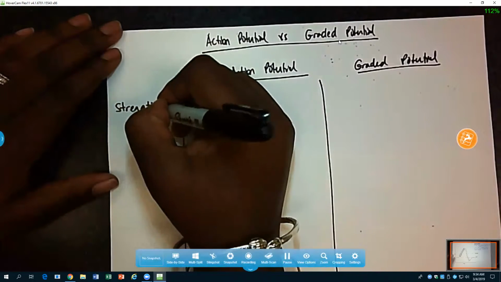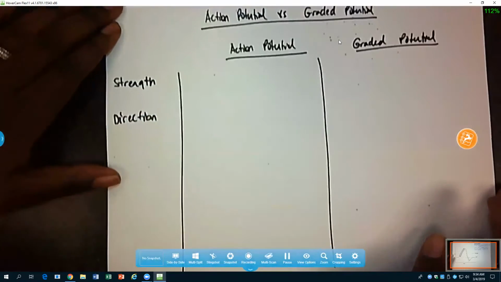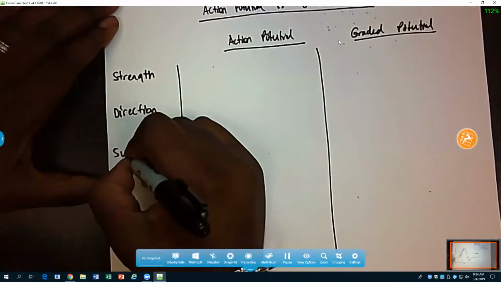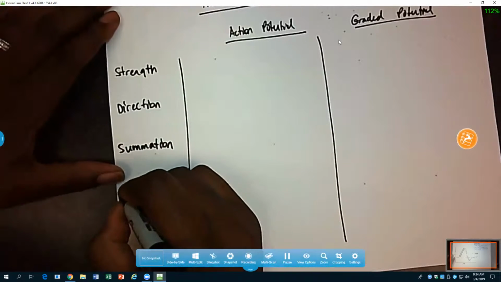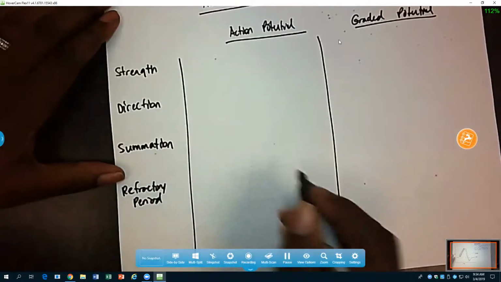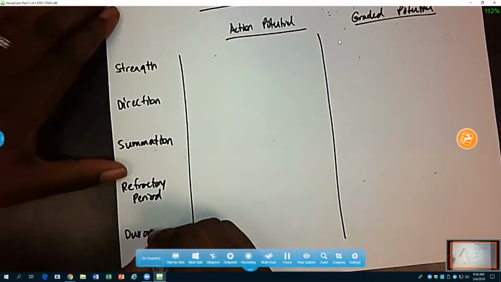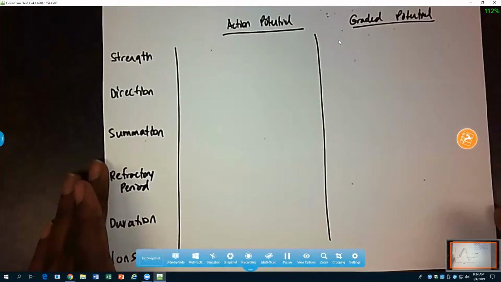Let's compare the strength. Let's talk about the direction, the ability to sum, which we spoke about, the refractory period, the duration, and let's talk about the movement of ions, which ions are moving.